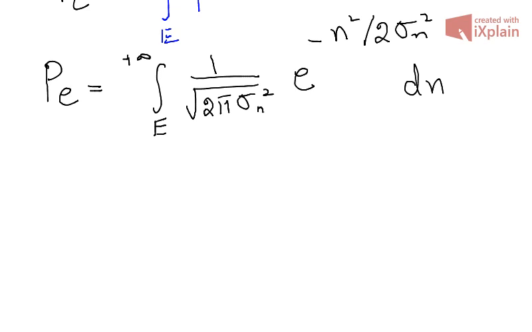Now it is easy to represent this tail, because this is the right tail probability of this Gaussian curve. We would like to represent it in the form of Q of x, and for that purpose we need to change the variable used in this integral, which is n.